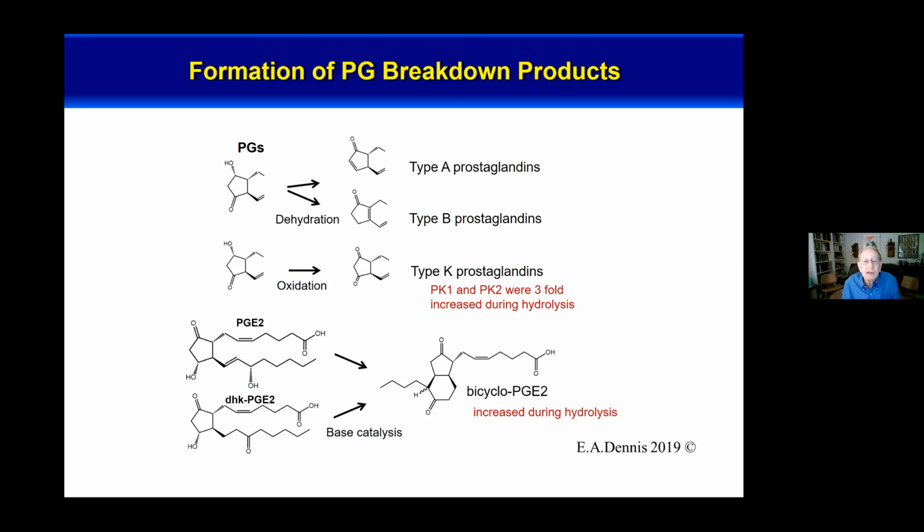Why is there loss of some eicosanoids? Because there are a number of breakdown mechanisms described in the literature: dehydration, oxidation, base-catalyzed rearrangements of some of these molecules, and that happens more frequently at higher pH and base-catalyzed conditions.